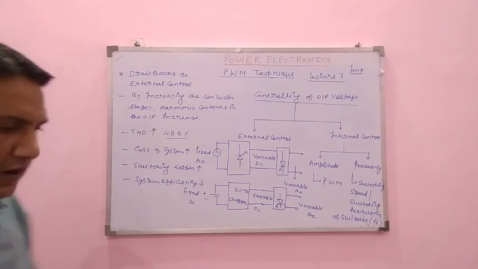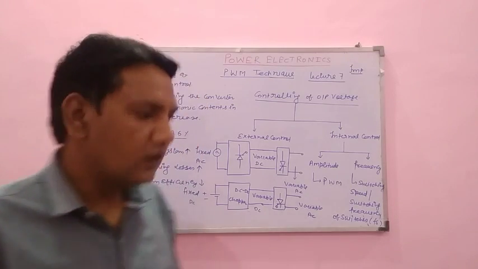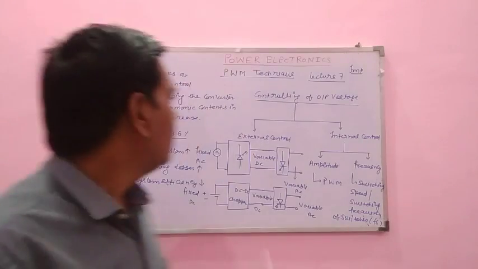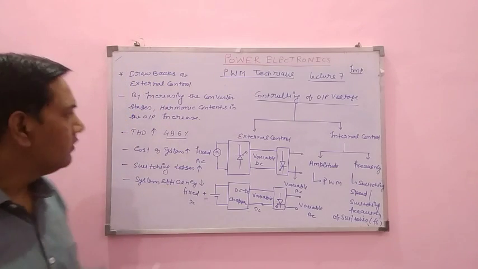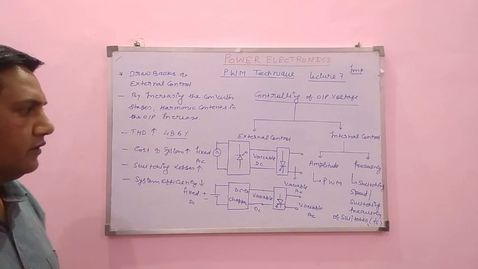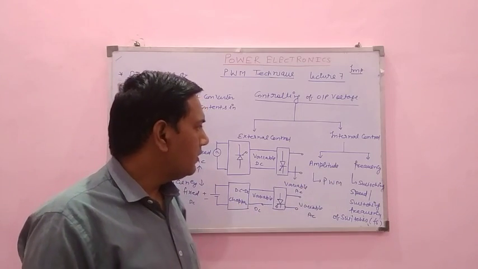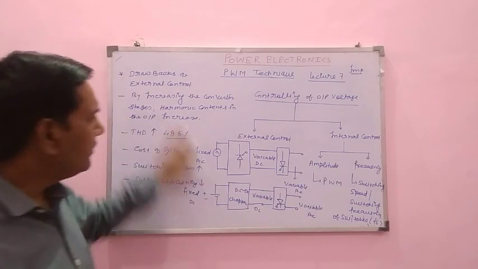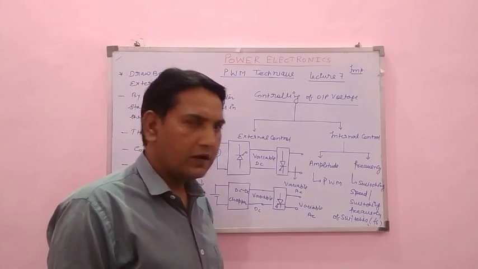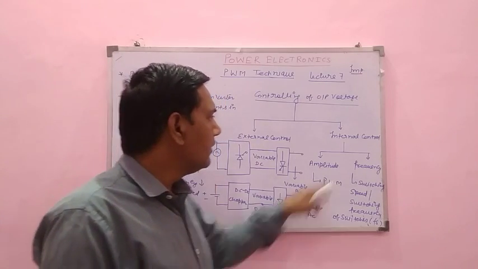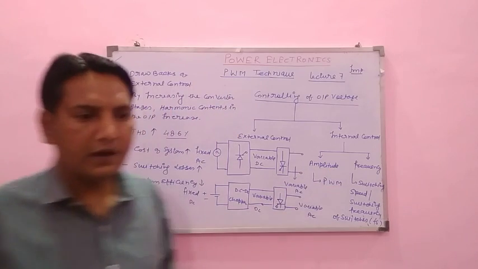So these are some drawbacks of external control. So generally we don't use external control due to these disadvantages. If we have to control the amplitude, we can control it with an external circuit, but we don't use an external circuit due to these drawbacks. So we use the PWM technique.